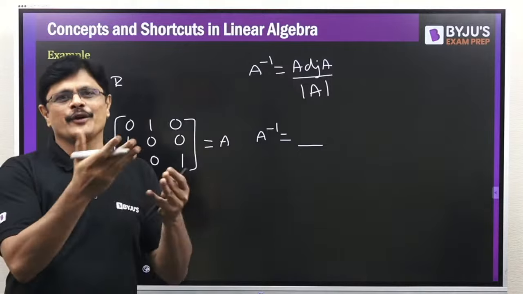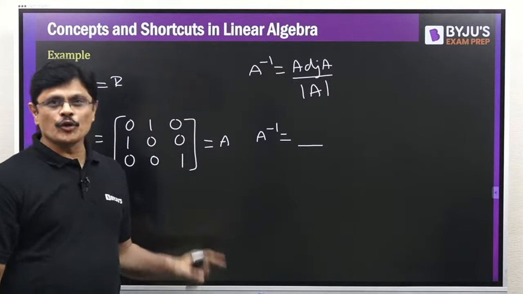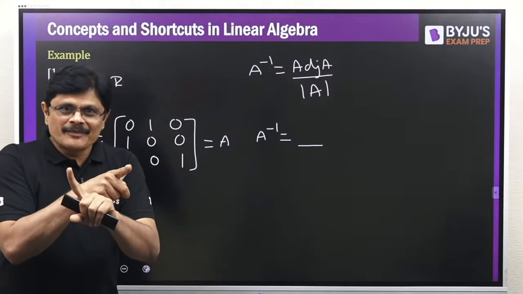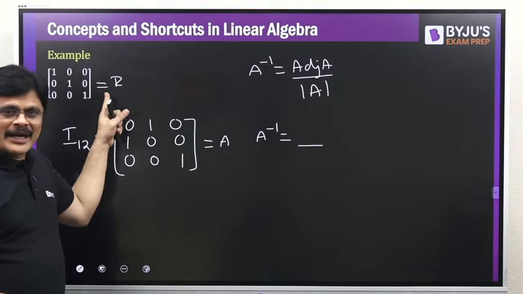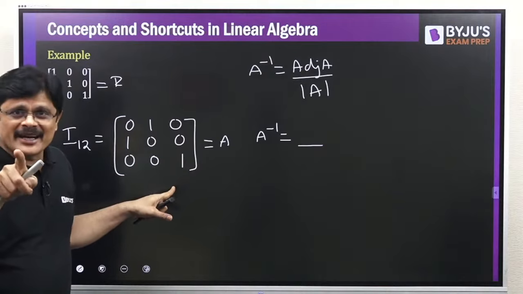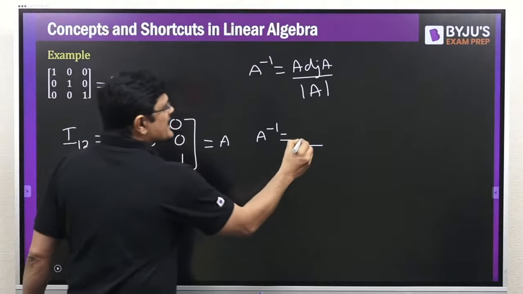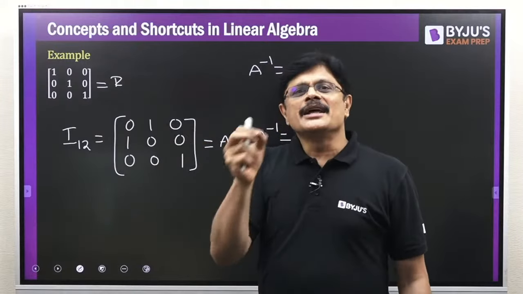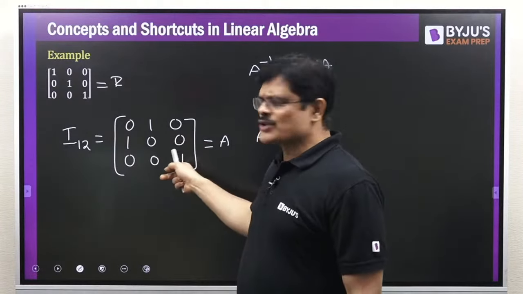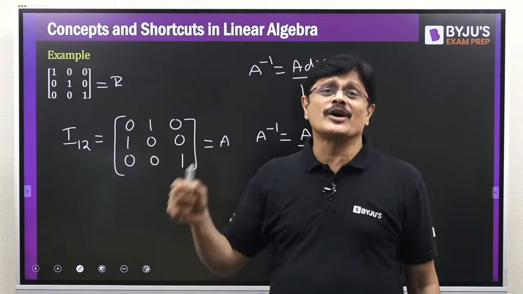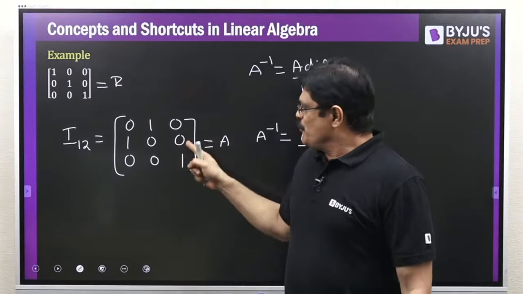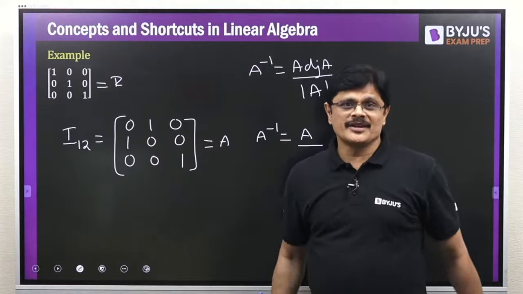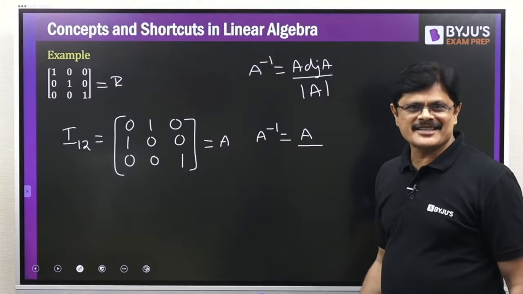You have to find adjoint A, you have to find det A. But if you know this is obtained by interchanging two rows of an identity matrix, or it is an elementary matrix, the inverse of this is directly itself. That is the result. I will give you towards the end all the results. Directly you can answer. This was a great question, sir. They gave this matrix and they asked what is the inverse of it. If you know that it is an elementary matrix obtained by interchanging two rows, the answer is directly the matrix itself.